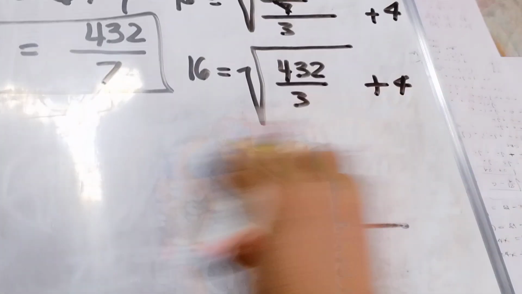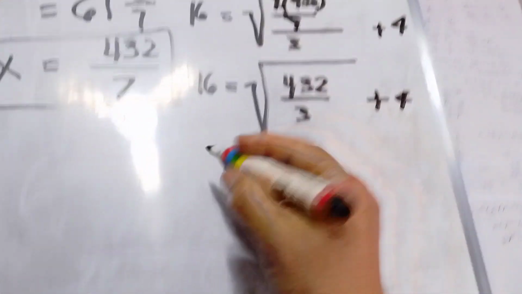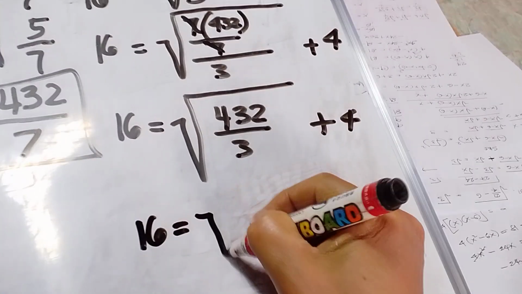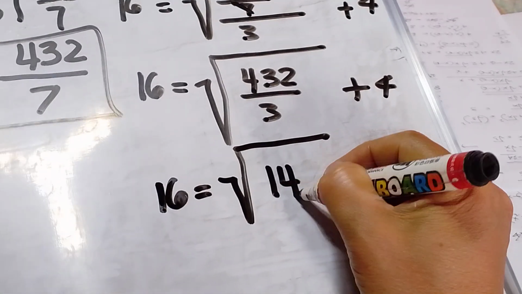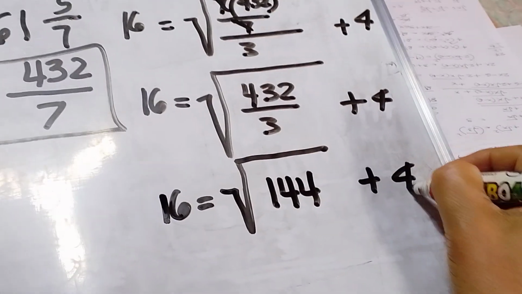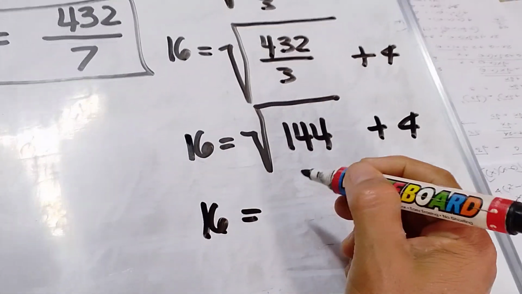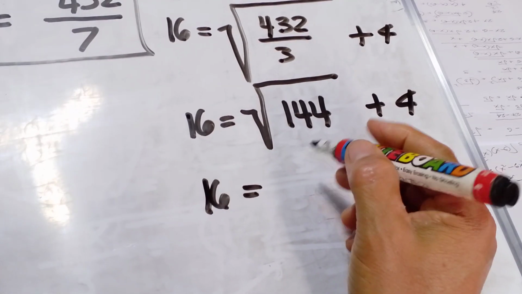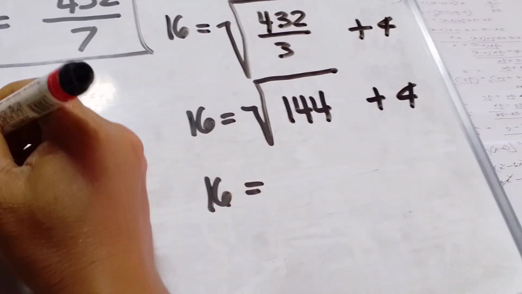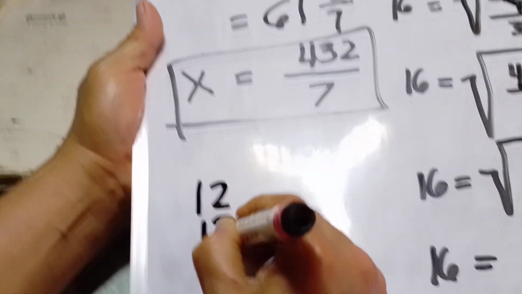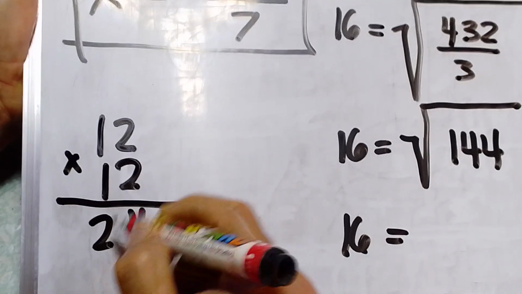So, I have here 16 is equal to square root of 144 plus 4. And what is the square root of 144? So let's try 12 times 12. This is 4 and this is 2.